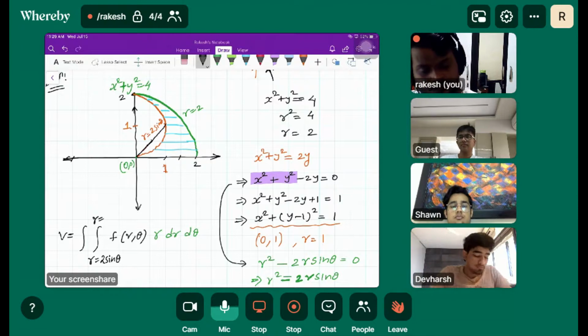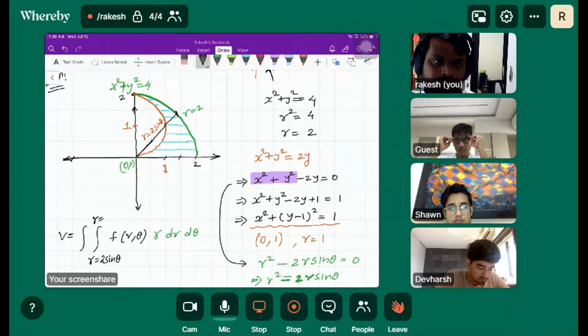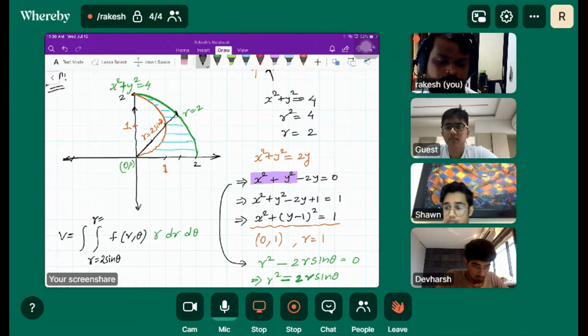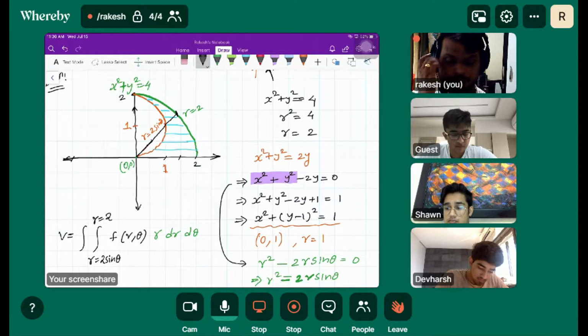Now I'll go through the region and I'll start noticing when I am about to exit the region. So what is the r value when I exit the region? 2, right? Are you getting this?